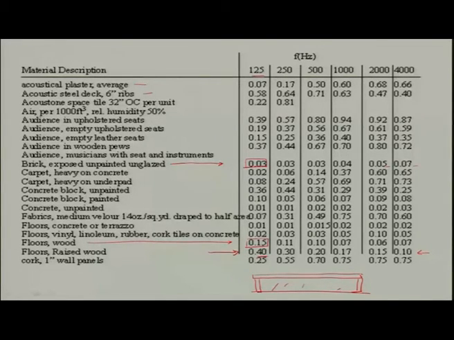It also happens that when there are people in a room, so you can have an empty room or you can have people in a room, and depending on whether they are sitting in upholstered seats or simple plastic seats, people also absorb a lot of sound. So, these are absorption coefficients for people, okay. Audience.